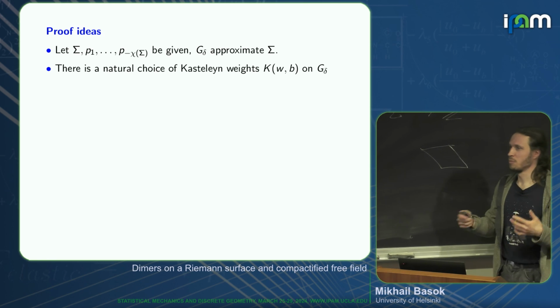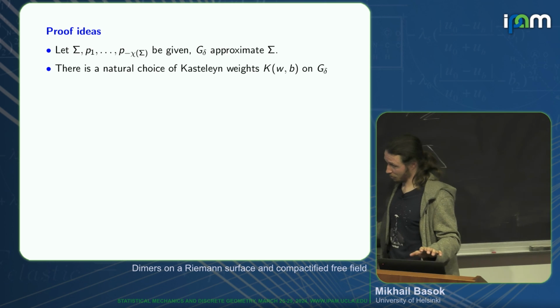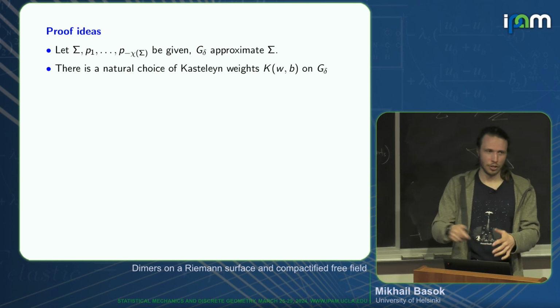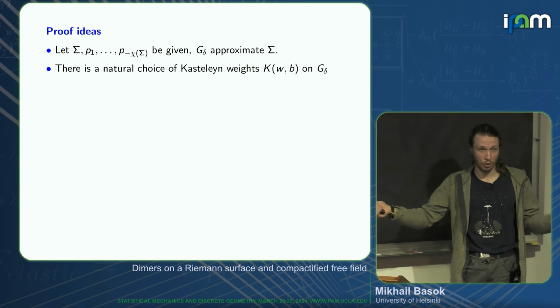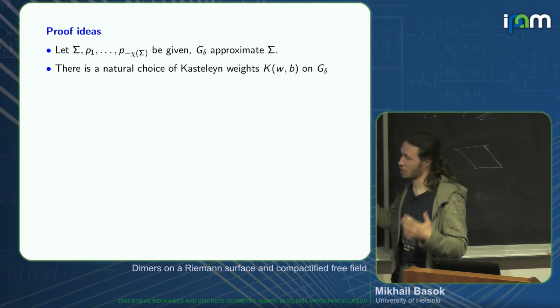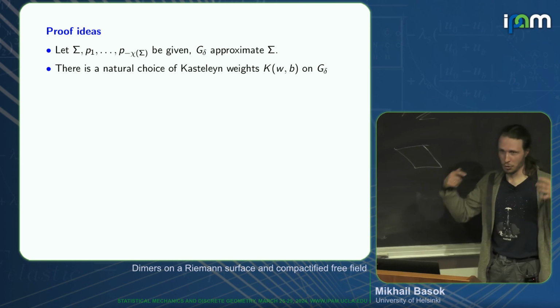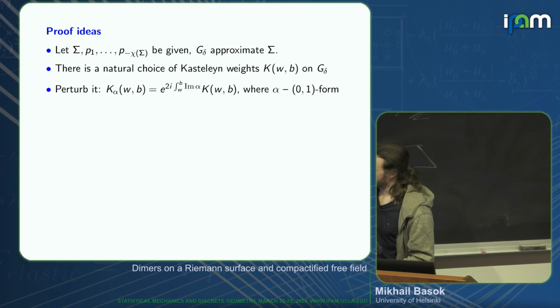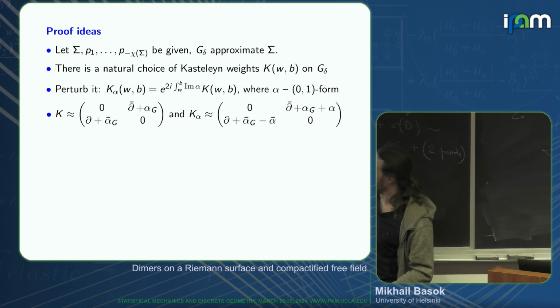This will be some kind of gauge that we use, and we can choose it in many different ways. This is natural because not all Kasteleyn weights are gauge equivalent if you have a non-trivial topology. But what I claim is there is some natural choice of this gauge to cancel the monodromy that appears.